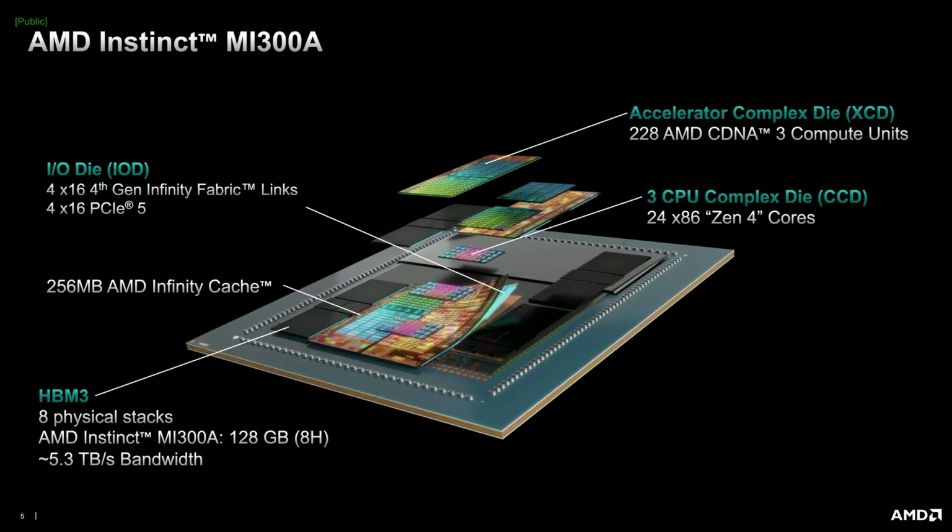If we take a closer look at this accelerator, the main computational elements are the accelerator complex dies that contain your compute units. Inside each compute unit is where you have execution units responsible for doing FP and int math, and it also contains lower levels of the memory hierarchy, like your L1 cache.